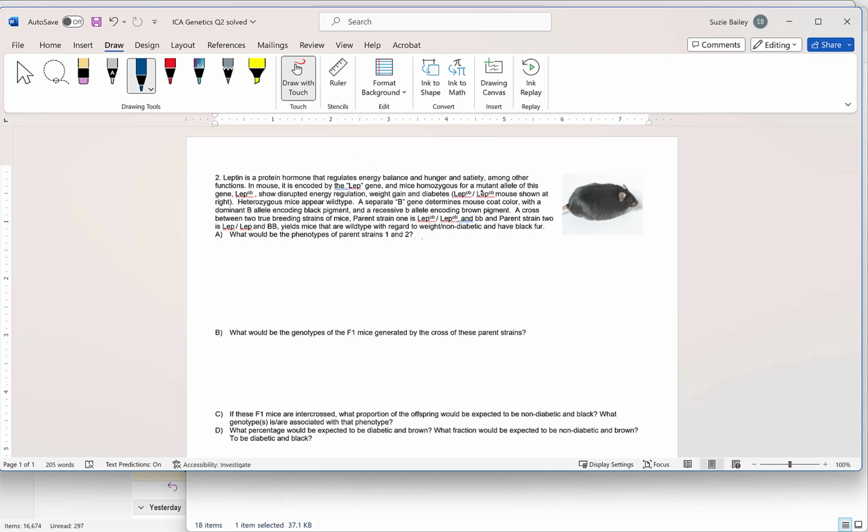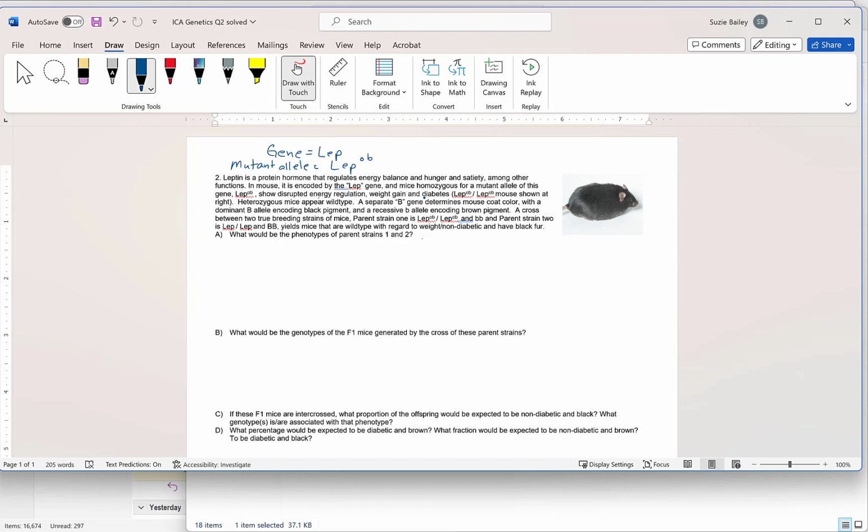Mice that are homozygous for a mutant allele of this gene, LEP-OB, so the name of the gene is LEP, and the mutant allele at this gene has a superscript along with the gene name that indicates something about the mutation and the effect that this mutation has. In the case of this allele, LEP-OB, the effect of that mutation is that it causes disruption in energy regulation and metabolism, causes weight gain.